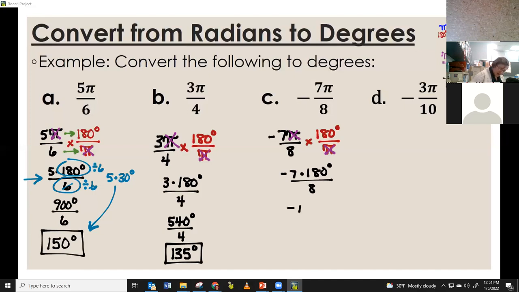Which would be -1260 degrees over 8. And what is that -1260 divided by 8? Type it into the chat for me. Absolutely correct, Kalia. -157.5 degrees.